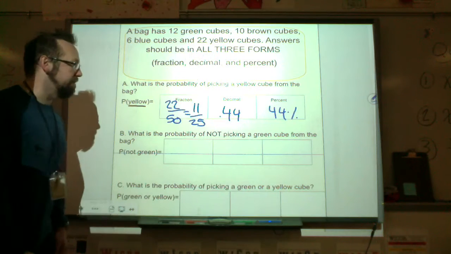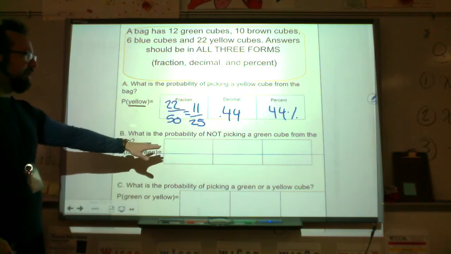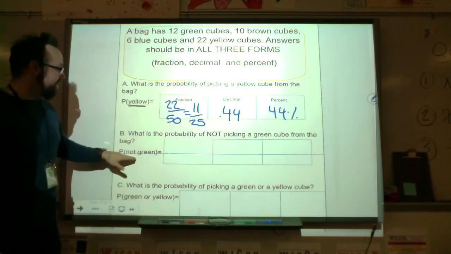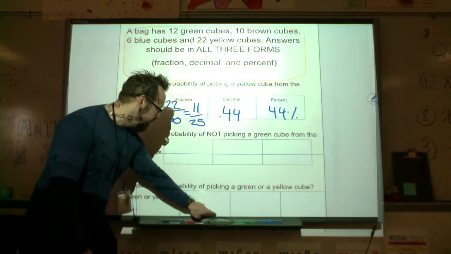Okay, so feel free to pause the video now and try the next one. What is the probability of not picking a green cube from the bag? So we want anything that's not green.